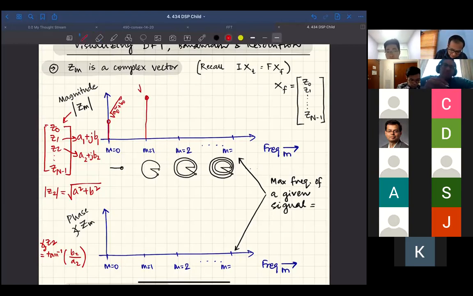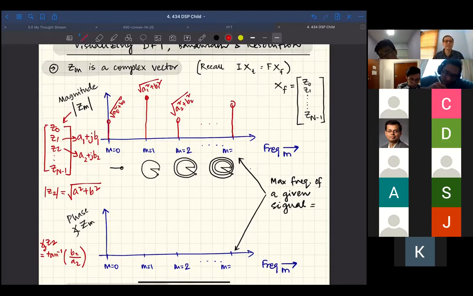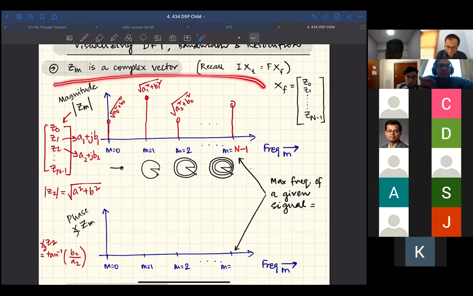This is the square root of A1 squared plus B1 squared, and so on, all the way to the last frequency, M equals n minus 1. So if you ask MATLAB to show you the graph of the Fourier transform, it will show you two graphs. The first graph will be the magnitude of Zm. And this is what the graph is going to look like.